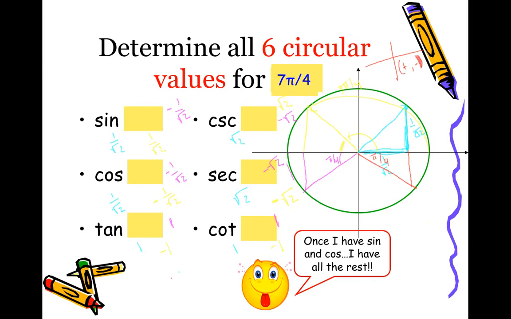Your sine is negative 1 over root 2, or negative root 2 over 2 if that's how you're writing it. Your cosine is positive 1 over root 2, and your tangent is negative 1. Your cosecant then is negative root 2, your secant is root 2, and your cotangent is negative 1.